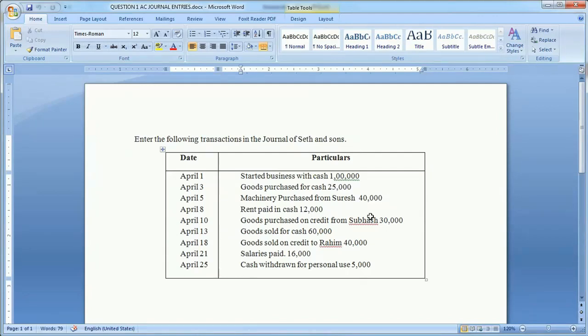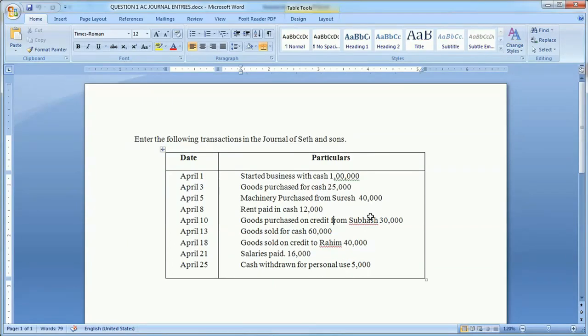Here it is not given that machinery is purchased for cash or credit, but the name of the party from whom we are purchasing, that is Mr. Suresh, is given. So kindly remember, whenever such an adjustment comes, it always means that the machinery has been purchased on credit. Whenever the name of the party comes in the problem, you will assume that the purchases of machinery or goods or whatever have been made on credit.